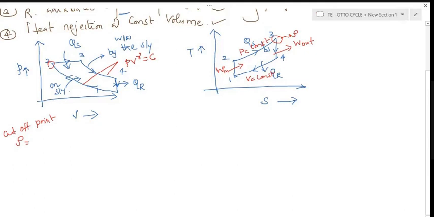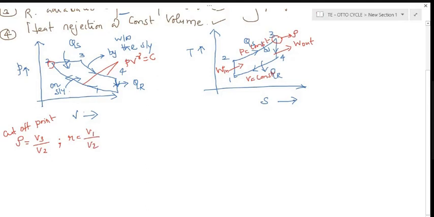the volumes: V3 divided by V2, that is the cutoff ratio. Already you know the compression ratio, denoted by the symbol r, is V1 divided by V2.